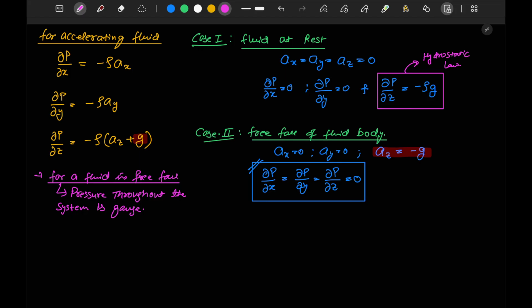So the pressure throughout the system is atmospheric, local atmospheric, that is, your gauge pressure becomes 0, p gauge will become 0 at each and every point.